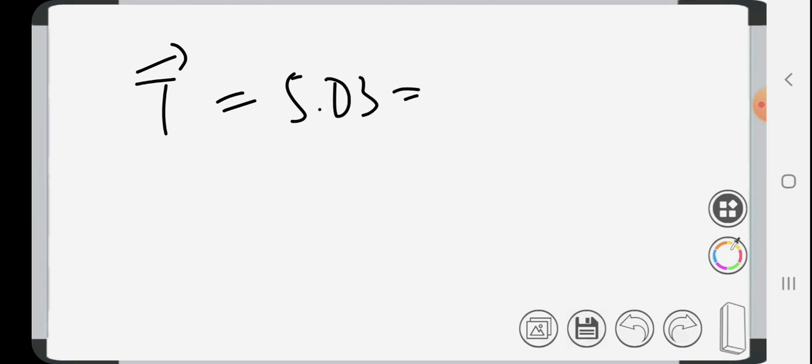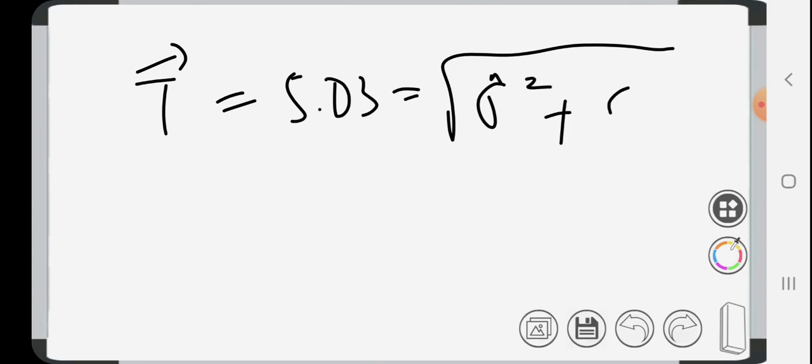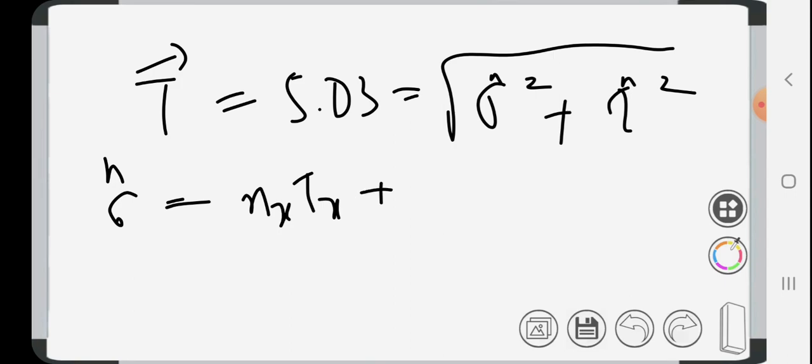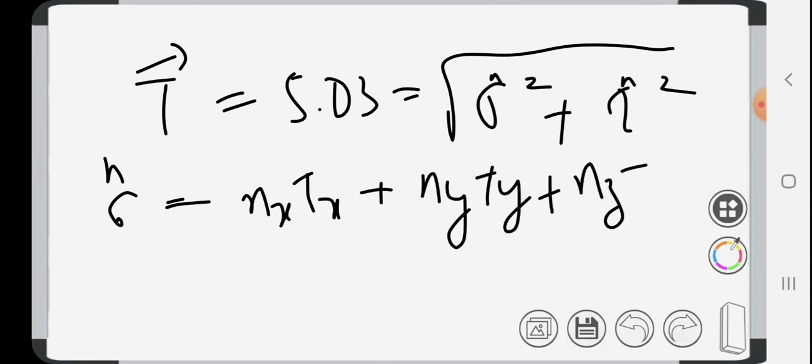This value is also equal to sigma n square plus tau n square, right? So sigma n can be calculated using the equation nx tx plus ny ty plus nz tz, right?